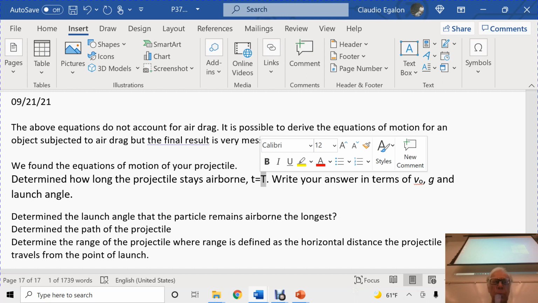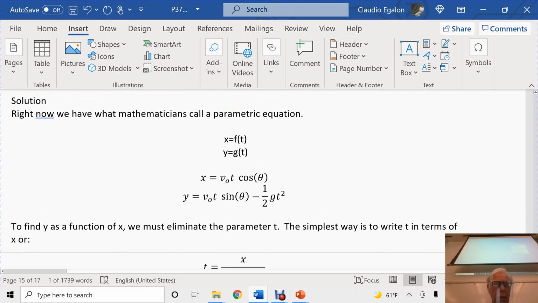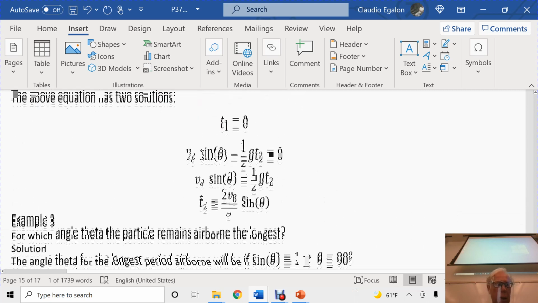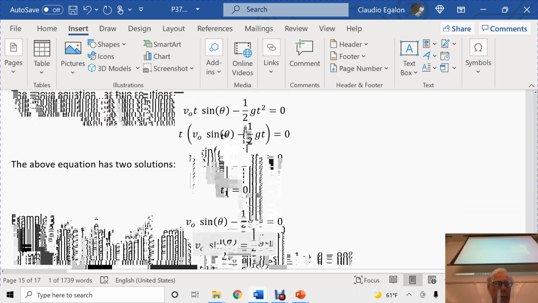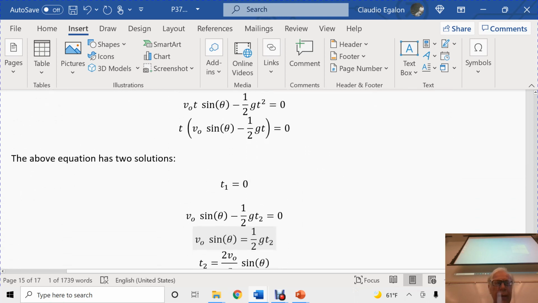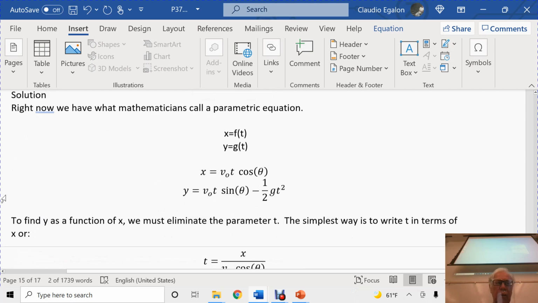So think about that. Let me get the equations. I have to go back here getting the equations. How long the projectile stays airborne. So that's the t that we want. I'm going to copy that and paste it down here.